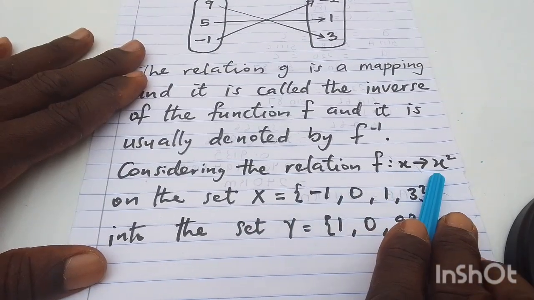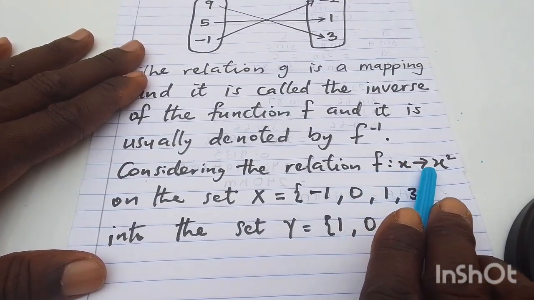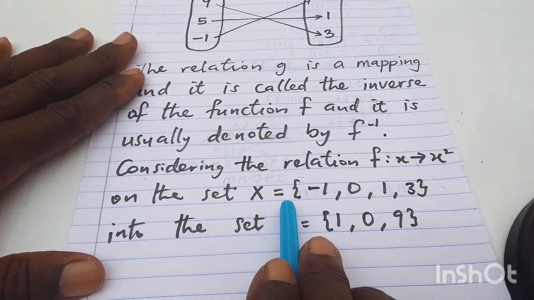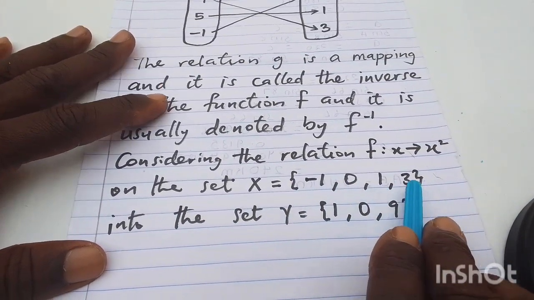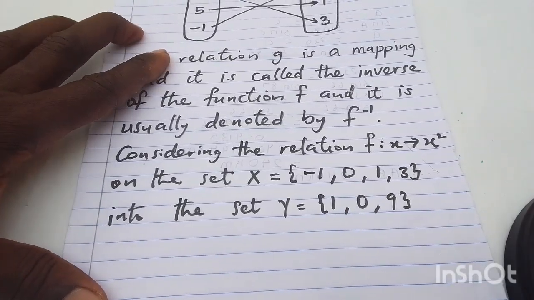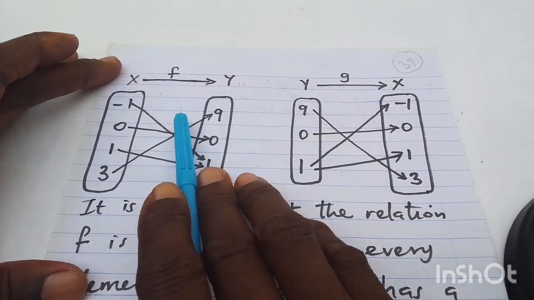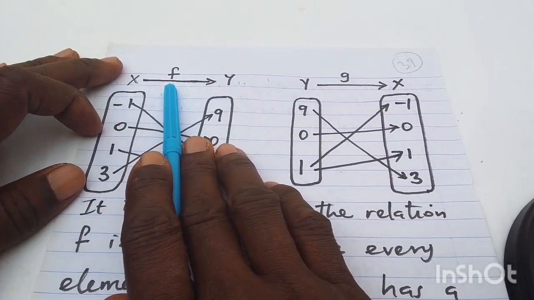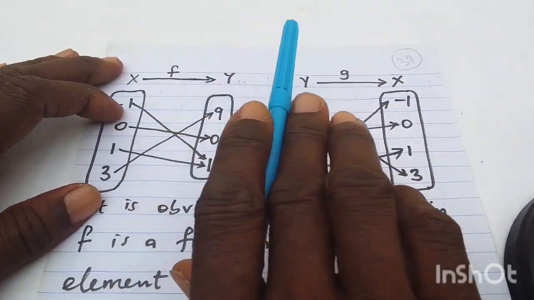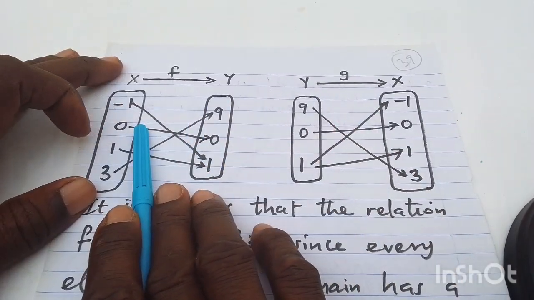Considering this particular relation, the mapping of f to be x squared on the set minus 1, 0, 1 and 3 into the set of 1, 0 and 9. If you consider these two, realize that this mapping is f and this is g, so g is the inverse of the mapping of f.